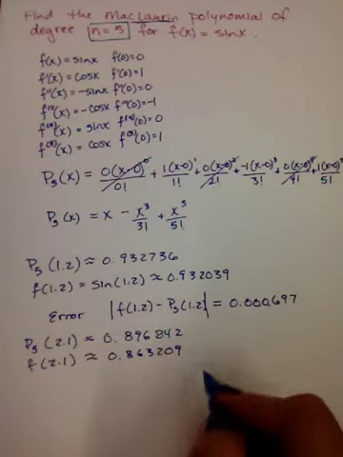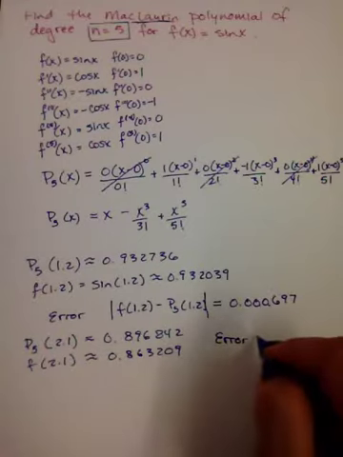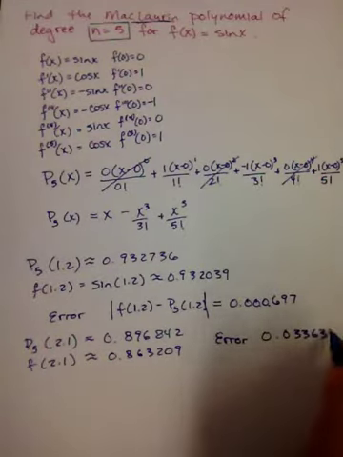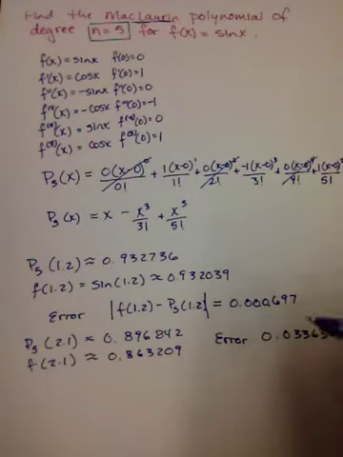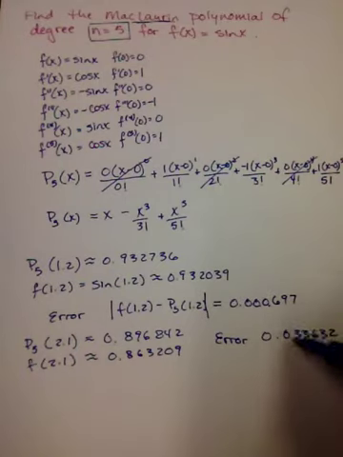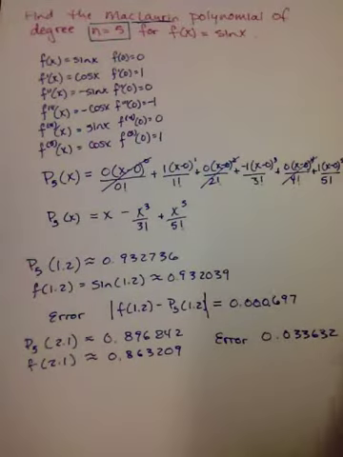So if I look at the difference here and subtract, the error comes out to 0.033632. So you can see it's fairly small. In math terms, that's huge, but the error here is 7 10,000ths, and here we're a little bit more than 3 hundredths. So the error is increased greatly just by moving a little bit farther from where it's centered. And again, Maclaurin was centered at c equals 0.